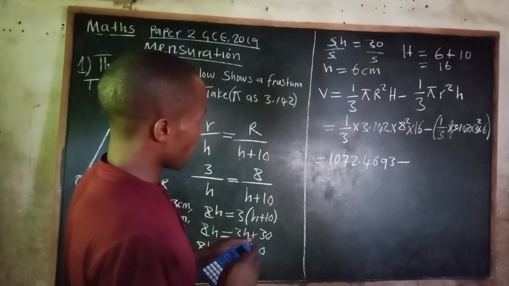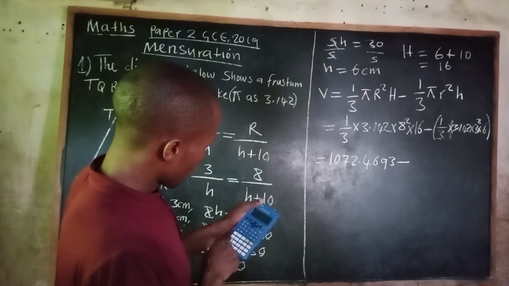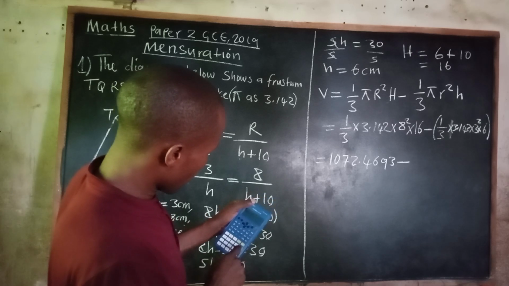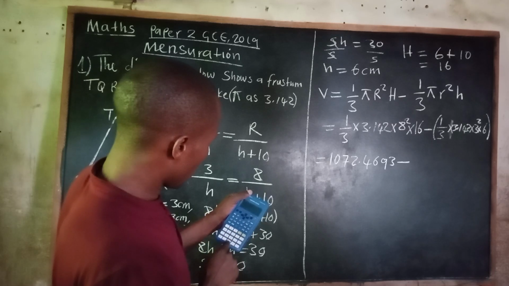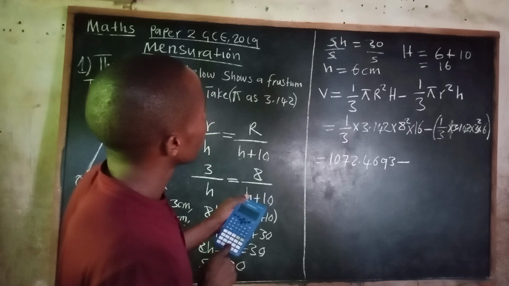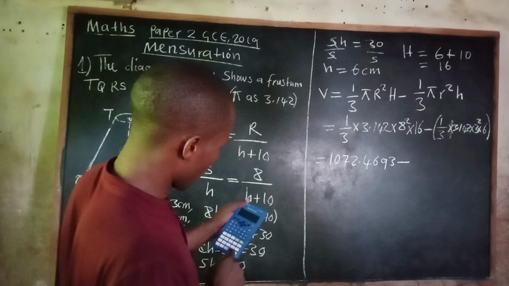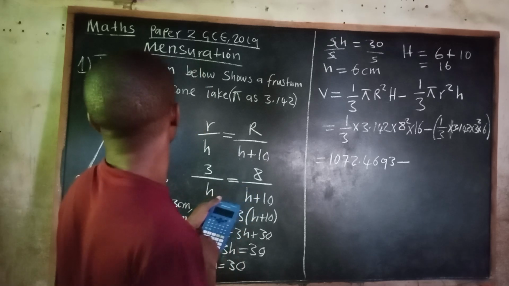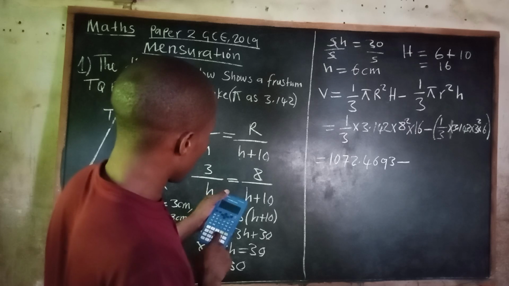Minus. Let us calculate the other one, and then we are going to subtract. We have 1/3 times 3.142 times r for this one, which is 3 squared. 3 squared is 9. Then times the height, which is 6.